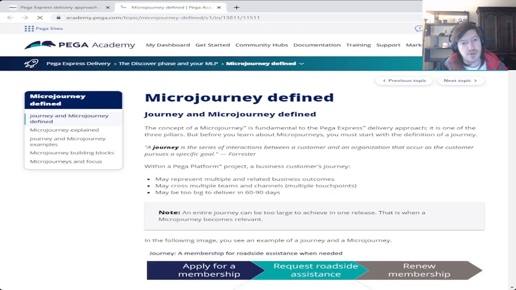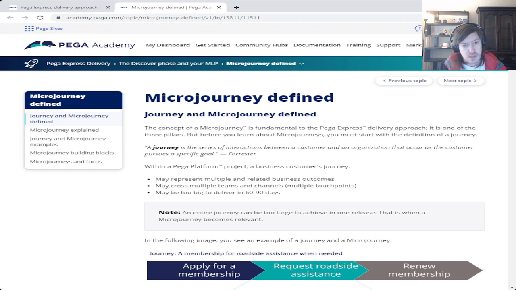This article looked very extensive, so let's go ahead and cover that, and then maybe we can move on to the next portions of the certification.